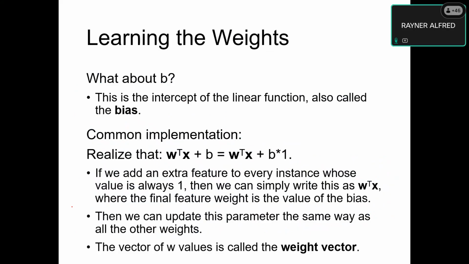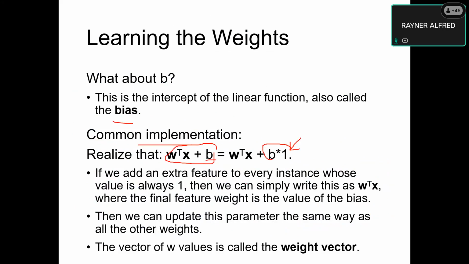Okay, so what about the B? The B in our formula here, which is this one. This is the intercept of the linear function when you have the variable value as 0. They are called the bias. Okay, so this is the formula that we have, and if we add 1 here, this is a constant value.